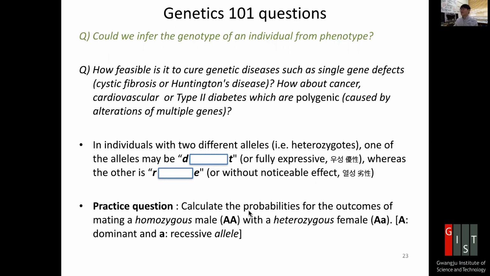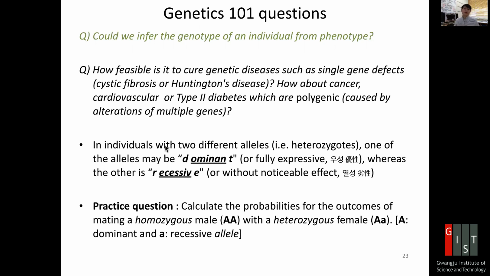An individual with 2 different alleles is heterozygous. One of the alleles could be dominant, or fully expressive, and the other, without noticeable effect, is called recessive. Because of this, we cannot infer a genotype directly from phenotype, but we can think about the probability.